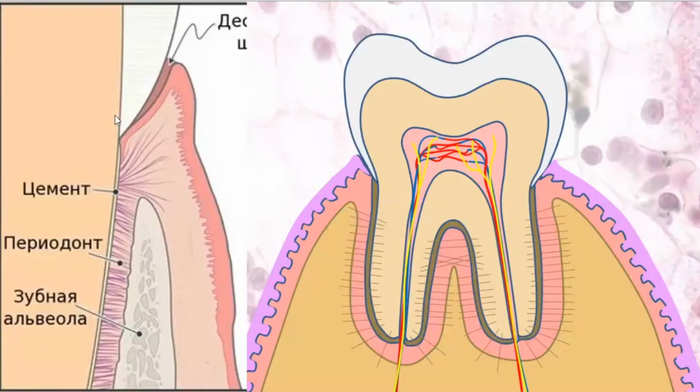And here you can see the tooth root, it's dentine, it's cementum, and there are fibers of periodontum and its bony alveolar bone, and this gap between tooth and alveolar bone is filled with connective tissue, and it also contains numerous fibers which attach the tooth to the bone. So it's periodontum, which maintains the teeth inside the bones.